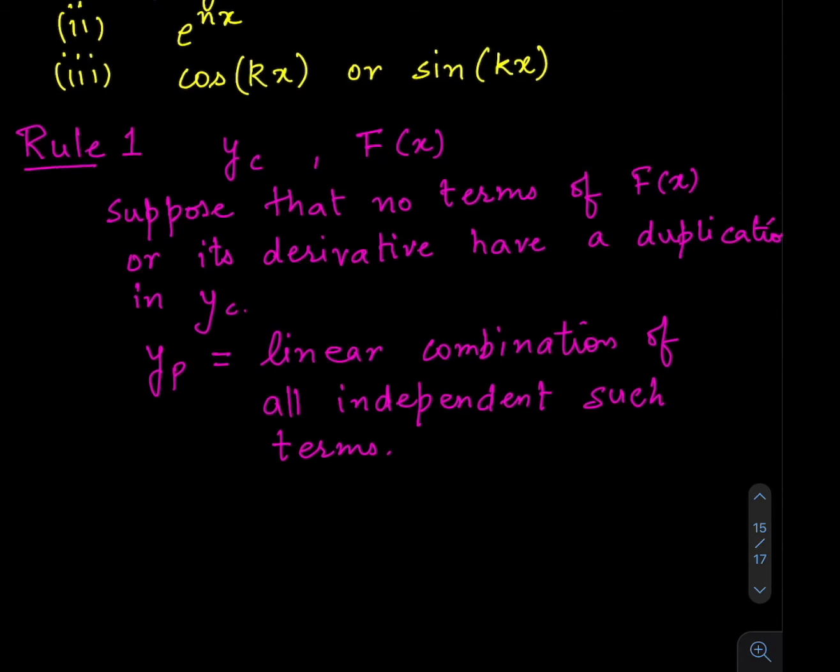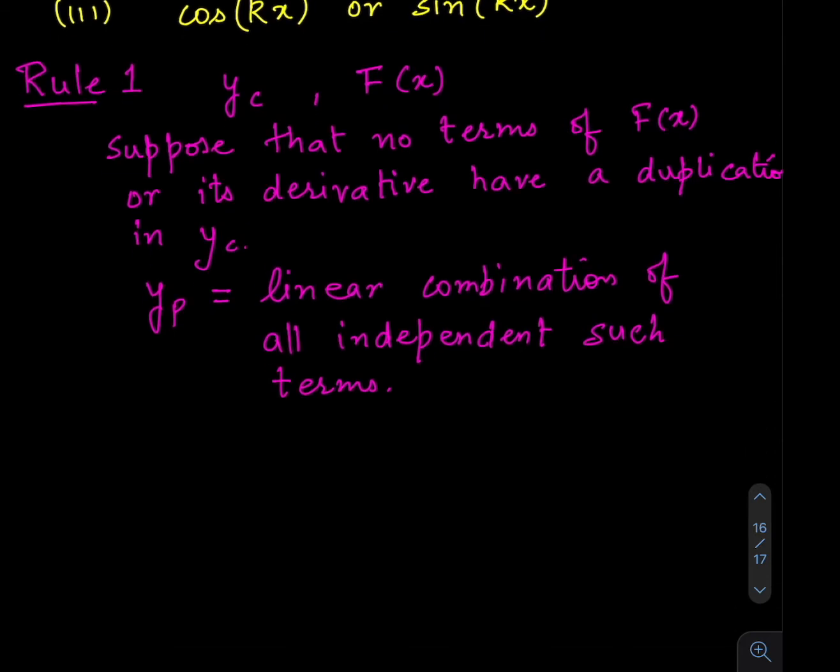Like if we have x^2 as our f(x), and this x^2 doesn't satisfy the associated homogeneous equation, then x^2, x and 1 are the linearly independent terms. So we will take our yp as ax^2 + bx + c. Okay.